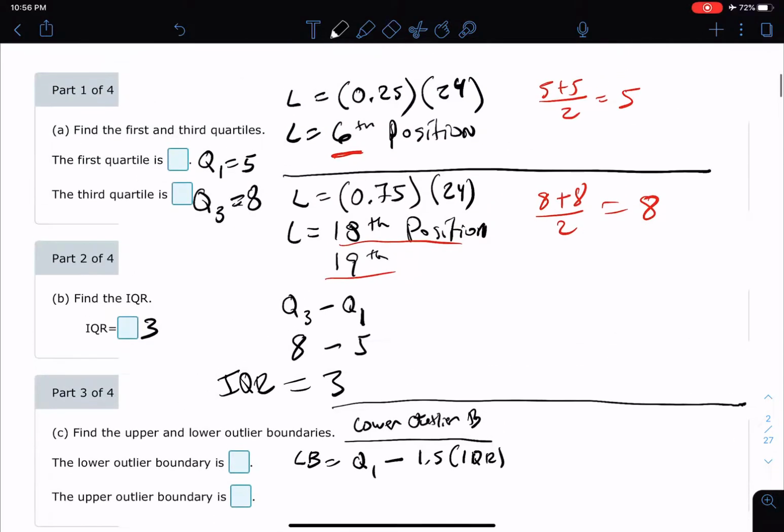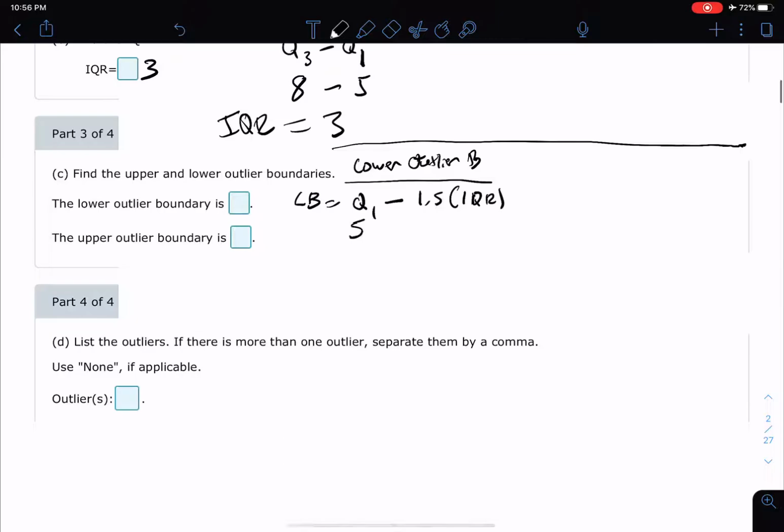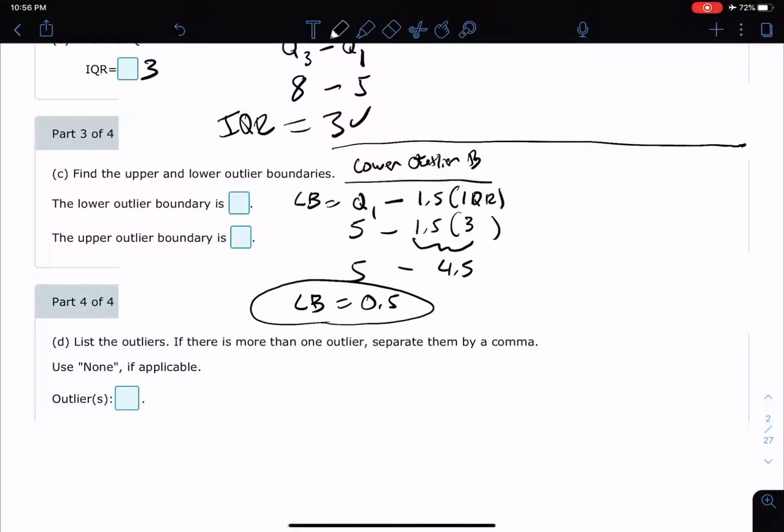Q1 we found is 5, minus 1.5 times the IQR, and we found the IQR is 3. We know that 1.5 times 3 is 4.5. So now we have 5 minus 4.5, which is just 0.5. So my lower boundary is 0.5.